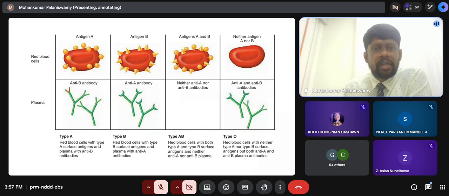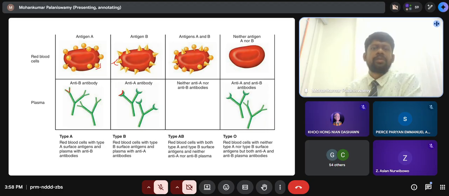So these antibodies will try to fit in over here. And this antibody has this kind of shape, which is capable of attaching to these small balls, right? Whereas for blood group type AB, there is no anti-A body or anti-B body. So here it is empty.